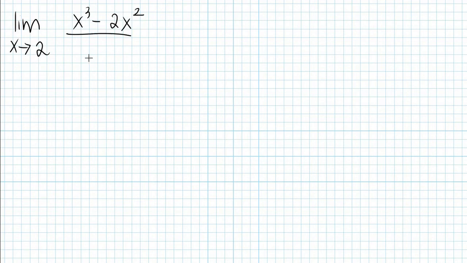Let's try another example where we use factoring. Let's try the limit as x approaches 2 of x cubed minus 2x squared all over x squared minus 4. If we directly substitute 2 here, we will get 2 cubed minus 2 times 2 squared all over 2 squared minus 4.